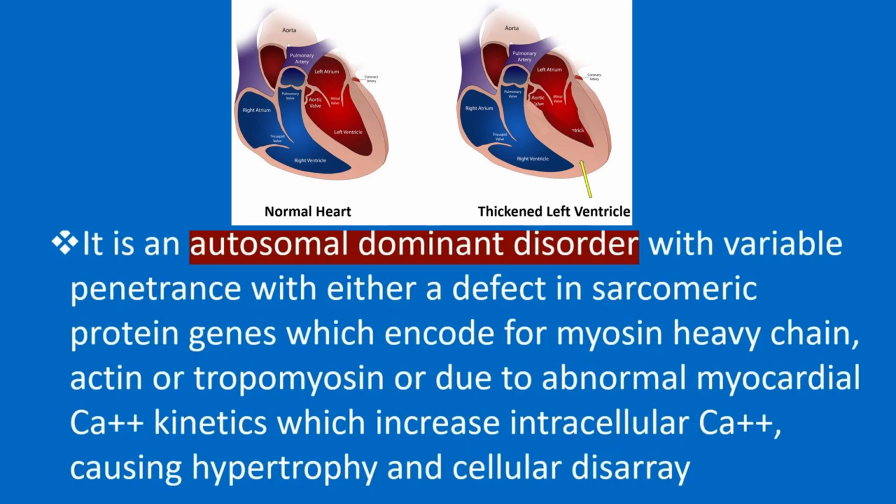It is an autosomal dominant disorder with variable penetrance, with either a defect in sarcomeric protein genes which encode for myosin heavy chain, actin or tropomyosin, or due to abnormal myocardial calcium kinetics which increase intracellular calcium, causing hypertrophy and cellular disarray.